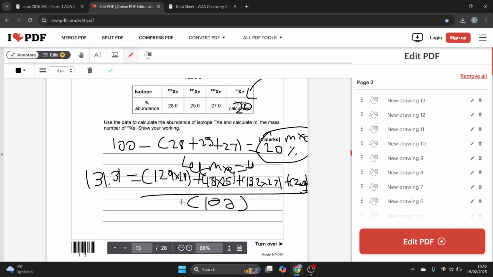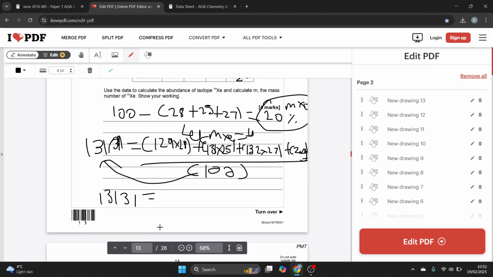Then times by 100, so then that goes to here, so I get 13131, equals, then I put the rest in the calculator: 129 times 28 plus 131 times 25 plus 132 times 27, which is 10451, plus 20y. 13131 minus my answer, divided by 20, I get y is 134, so therefore m is 134.